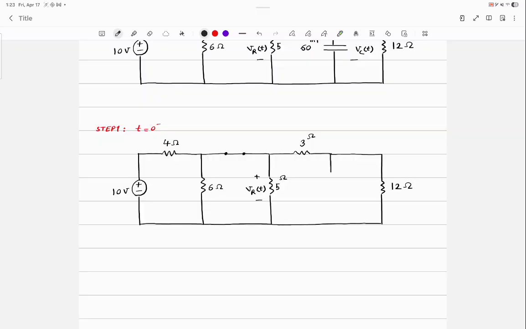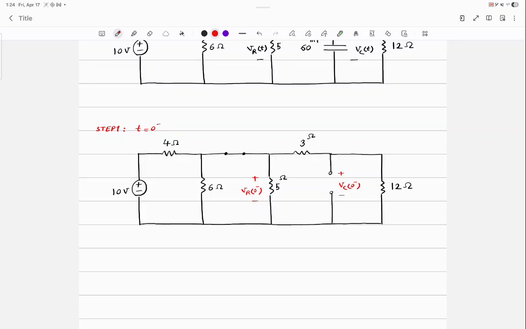Yes. It's been in that position for a long time. What else? Change the labels. So this is VC0 negative, and this is VR0 negative.